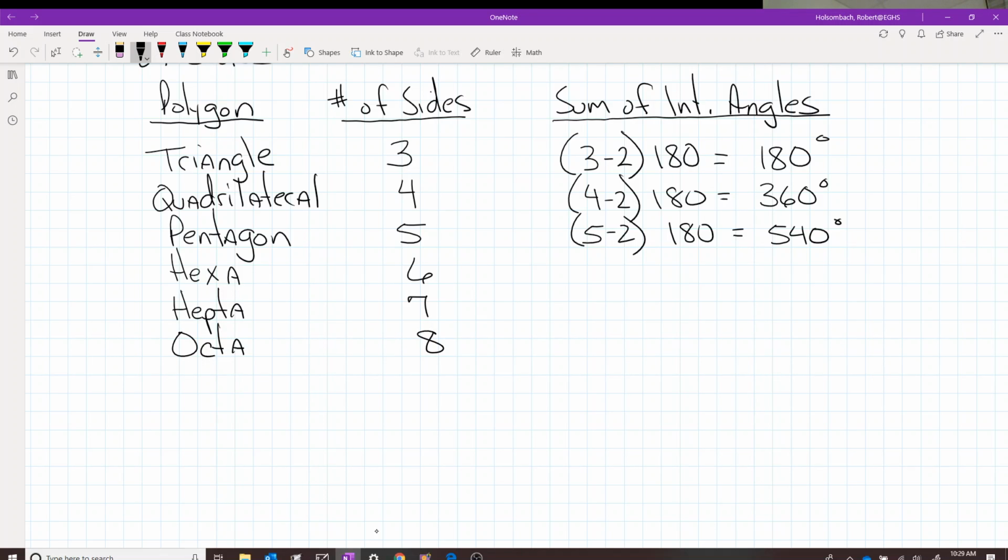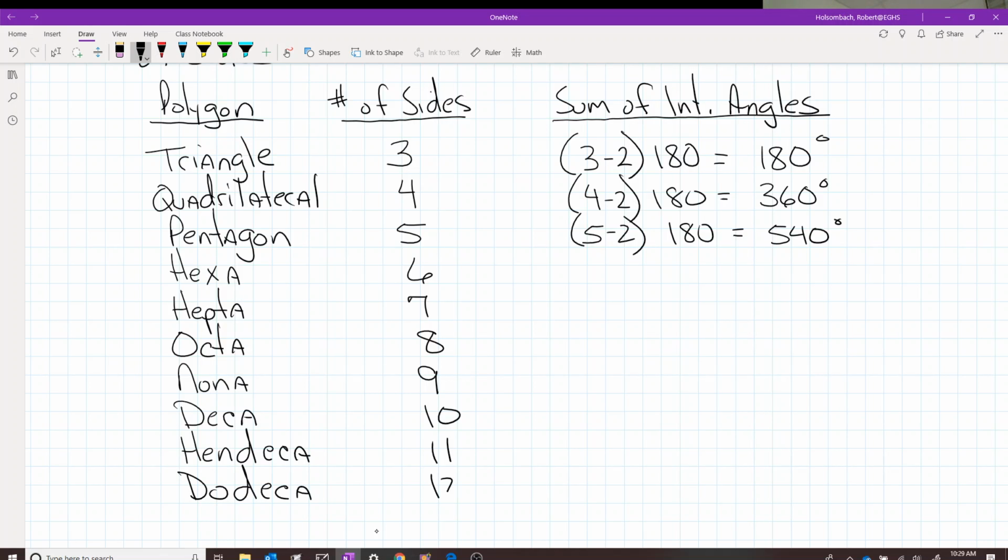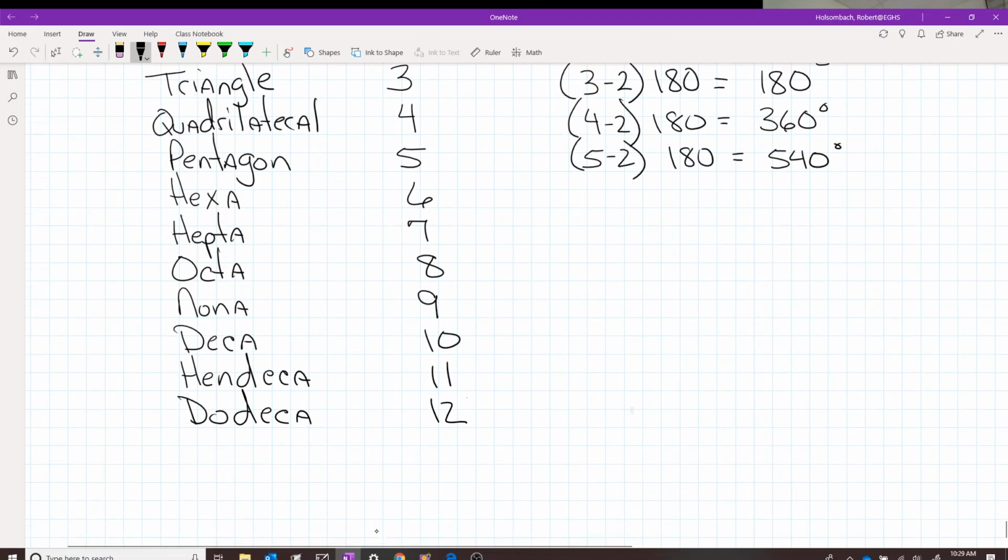After an octagon, you got a nonagon. A nonagon has 9. Then you got a decagon. A decagon has 10. Hendecagon has 11, and a dodecagon, that's got 12 sides.